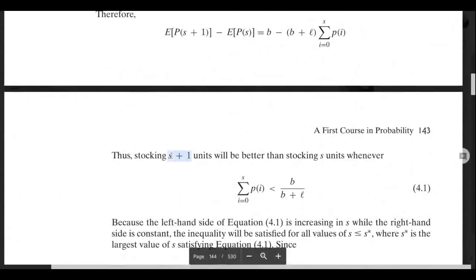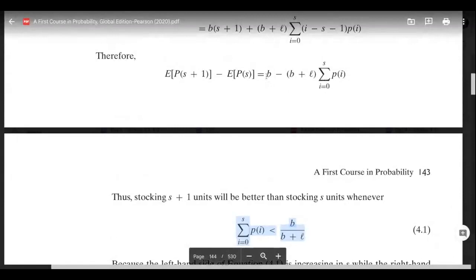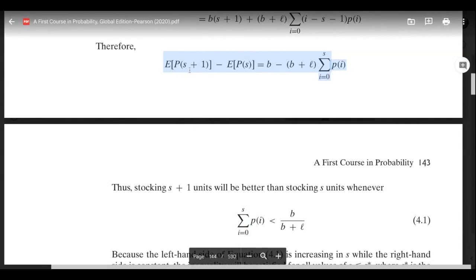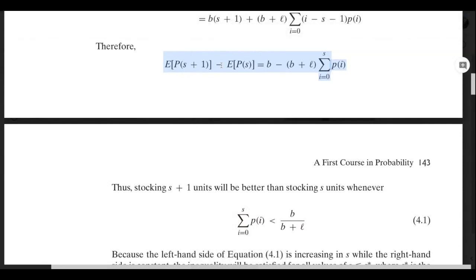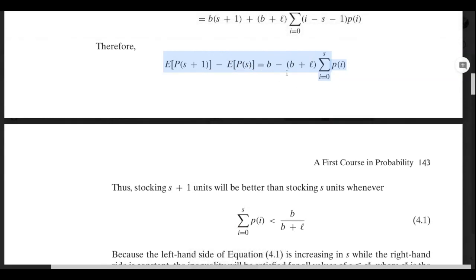So stocking S plus 1 units will be better than stocking S units whenever this happens. So this is from comparing. So, right, if we do this, expected value of S plus 1 many, subtract expected value of S many, will be this one, or B minus this.